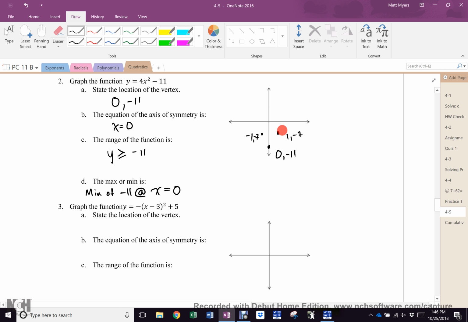Next one is going to be at 2, should be up 4, but it's not going to be up 4. It's going to be up 16. Oops, that's too high. 2, 5. Automatically, I know I stay at 5 and I go over here 4 to negative 2, 5. And there's my parabola. Everybody good?